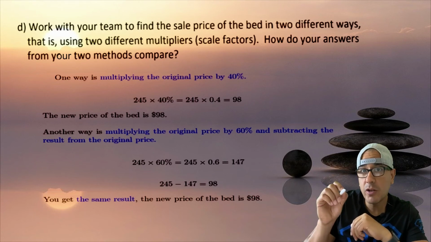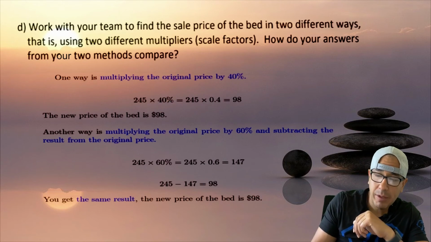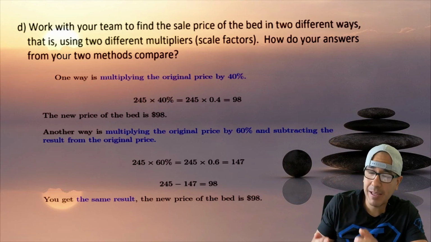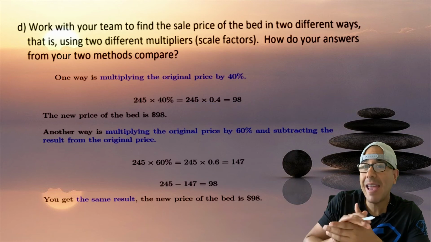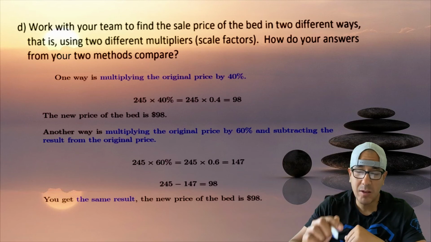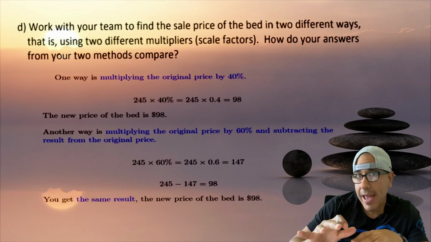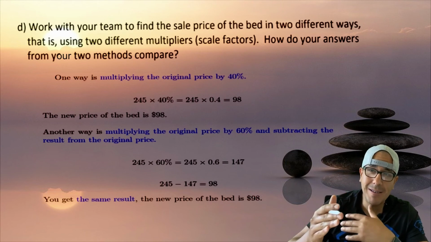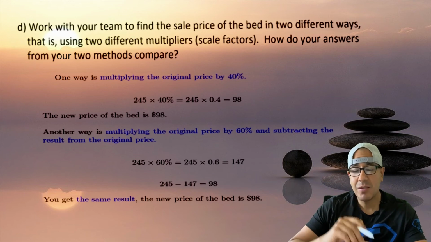So you move the decimal over two places to the left, and you get 0.4 or 0.40. It's the same thing. So 245 times 0.4, boom, $98, right? So the new price of the bed is $98. We're not talking about tax. We're not going there yet. We got more word problems down the road. Be patient. So that's the first way.